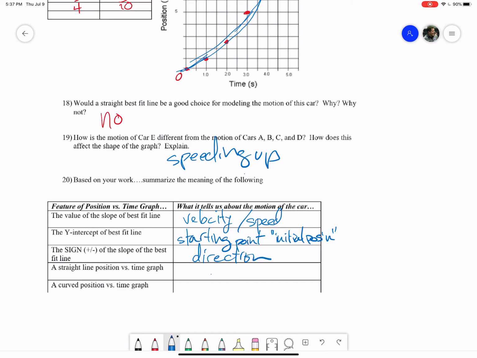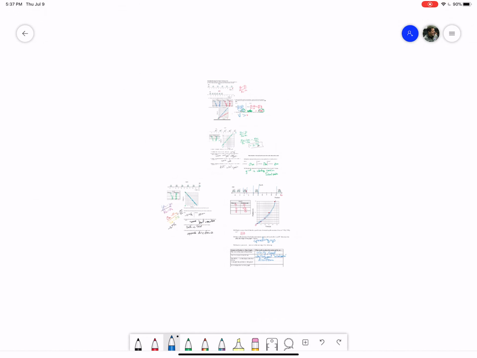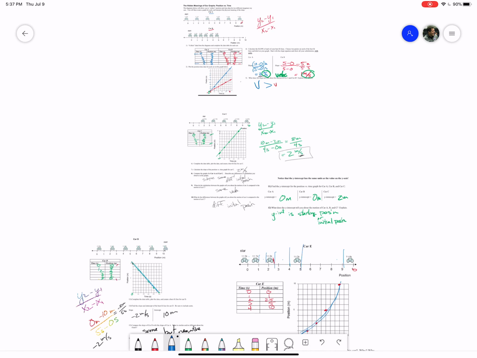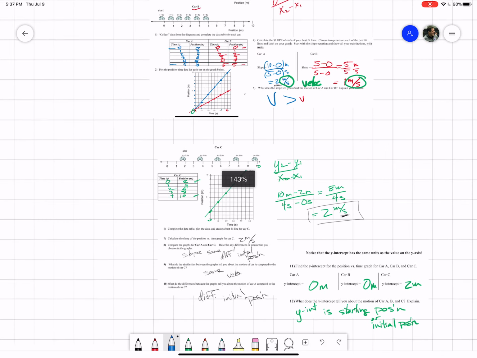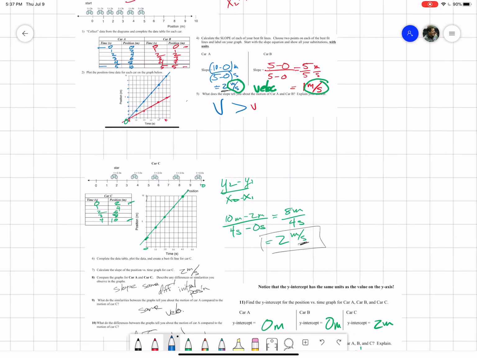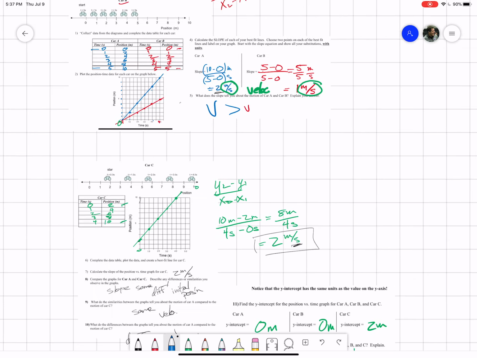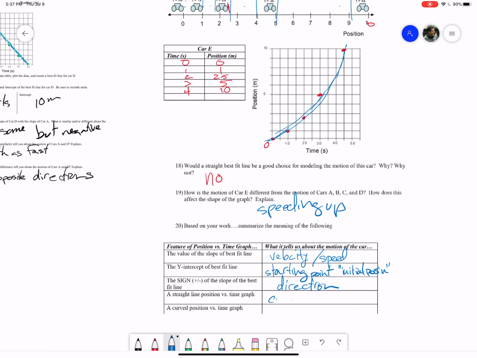What we figured out with those straight line graphs is that if we have a straight line, and here's some straight lines over there, that meant it was going at constant velocity. So straight lines will mean constant velocities.